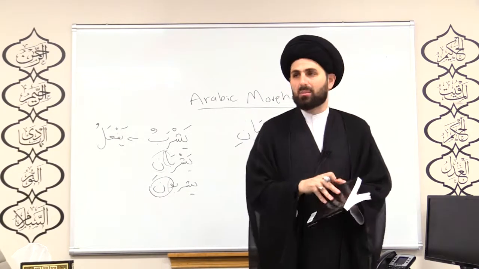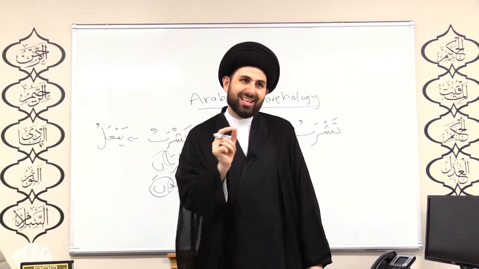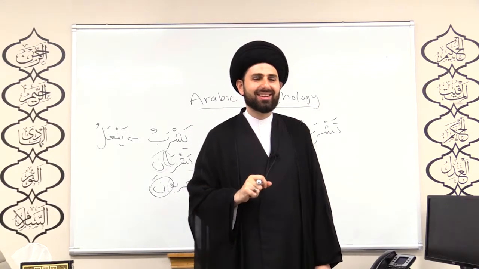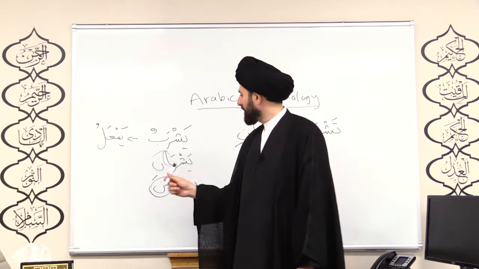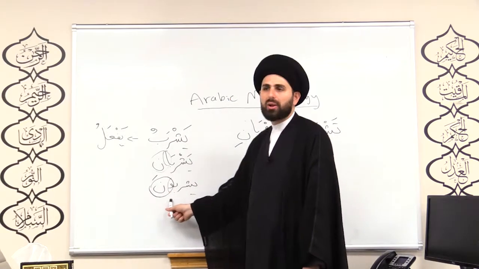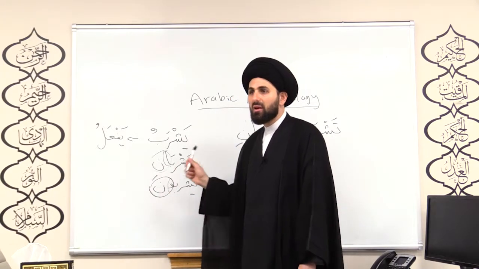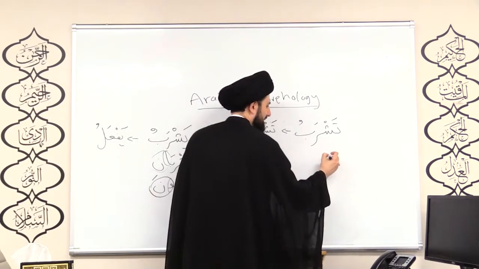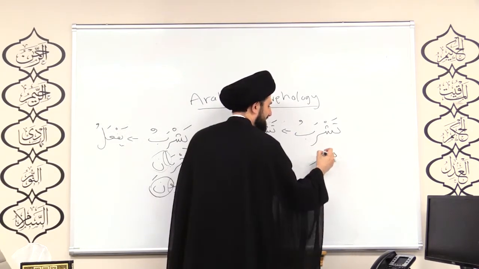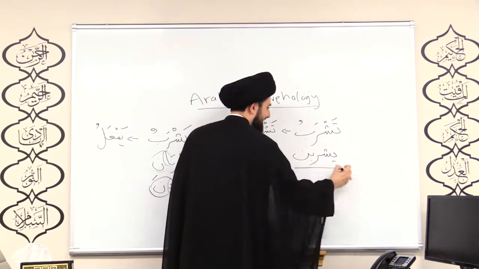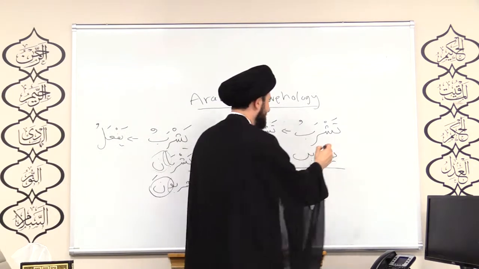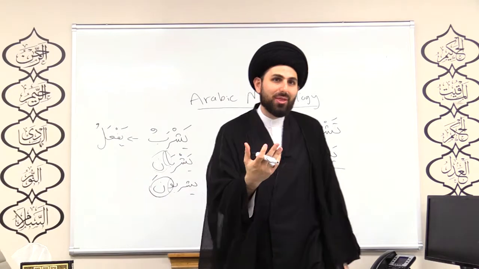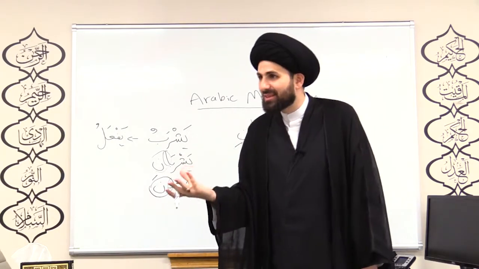Now when it comes to the plural in this row, it's a little bit tricky. See, for the masculine it was yashrabun. For the feminine it becomes what? Yashrabna. See, automatically you thought it should be a ta, the sign of femininity.